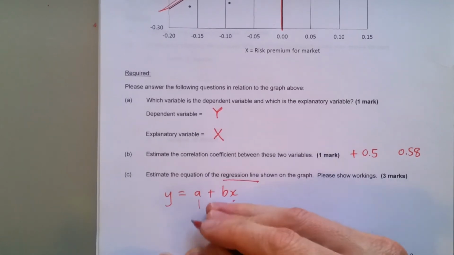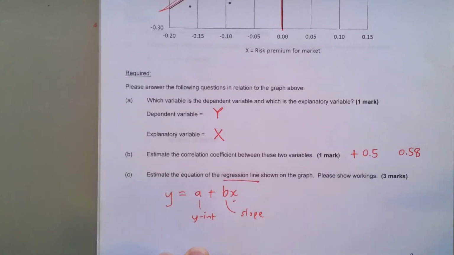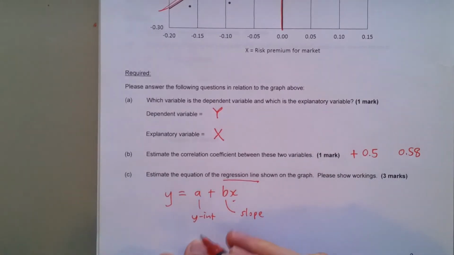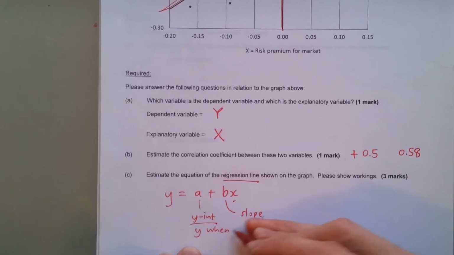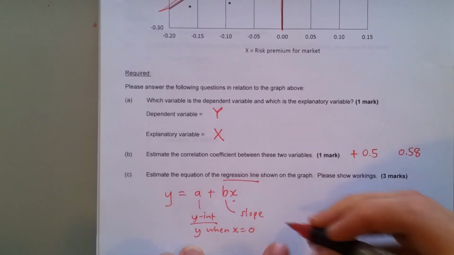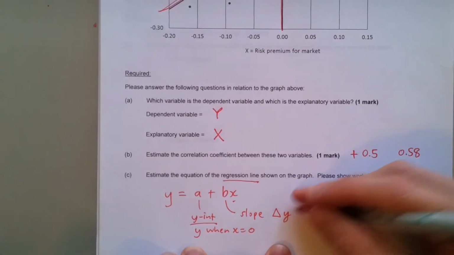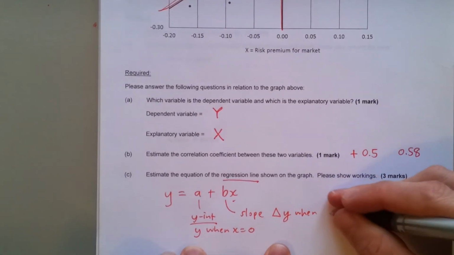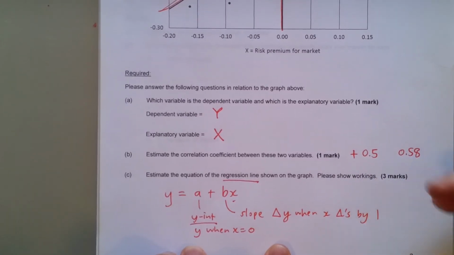This is the y-intercept and this is the slope of the line. The y-intercept represents y when x is equal to 0, and the slope represents the change in y when x changes by 1 unit.